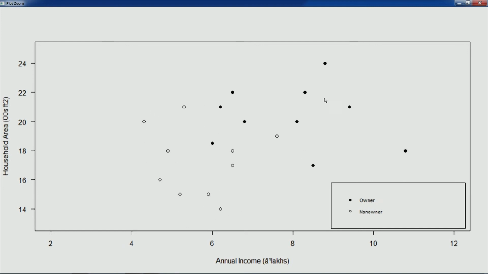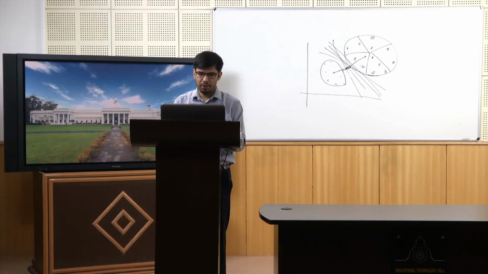So there is clear separation between these two groups, and therefore it is easier for any classification model to separate observations into their respective groups. If the class separation is clear, then probably the classification would be much easier.